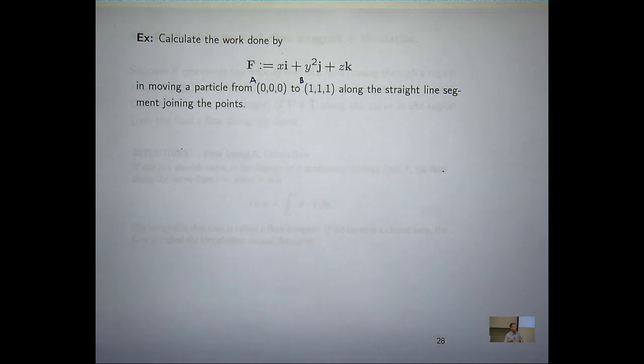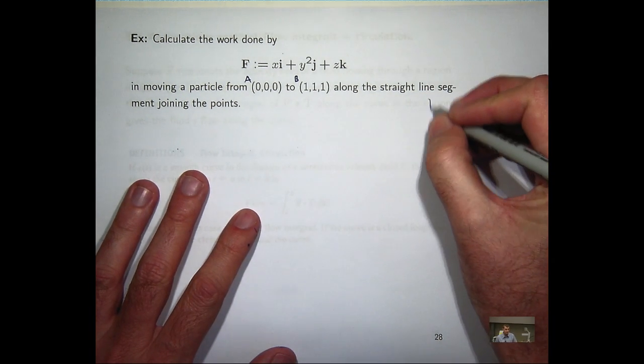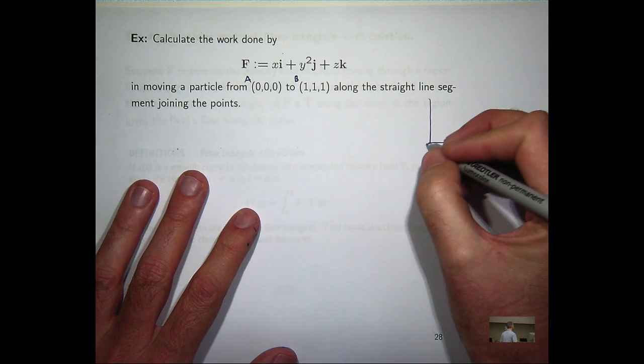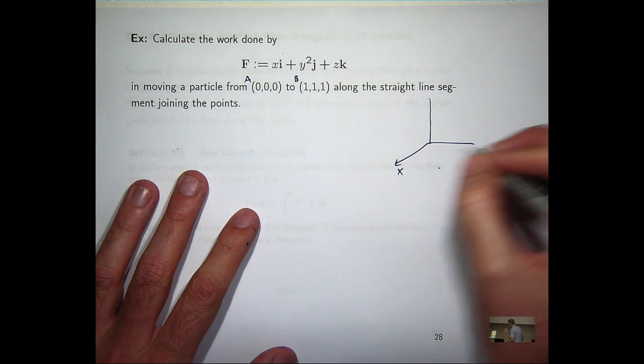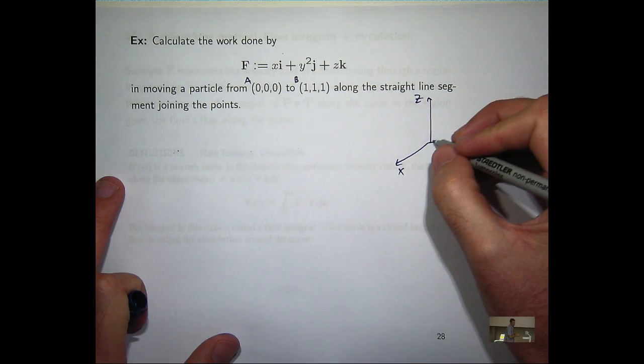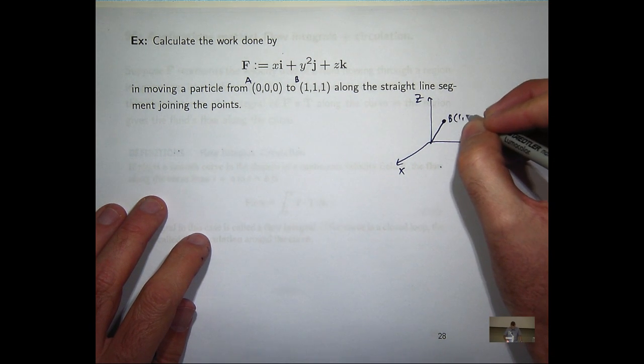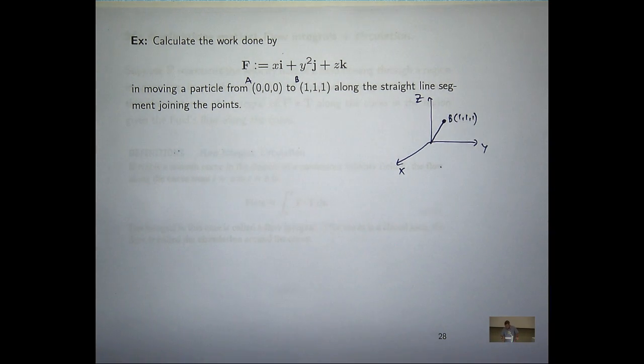For this, what we need to do is parameterize the line segment in the forward direction. Okay, so if I've got my three-dimensional setting here, this might be a reasonable picture.